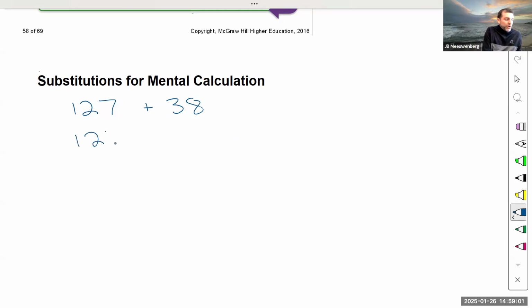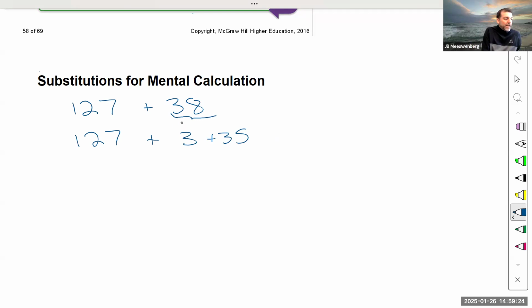I notice I'm starting with 127. Because this ends in 7, a 3 would be really nice to work with. So what I noticed is that I could take the number 38 and break it apart into 3 plus 35. It's still equal to 38. There's still 38 things there.